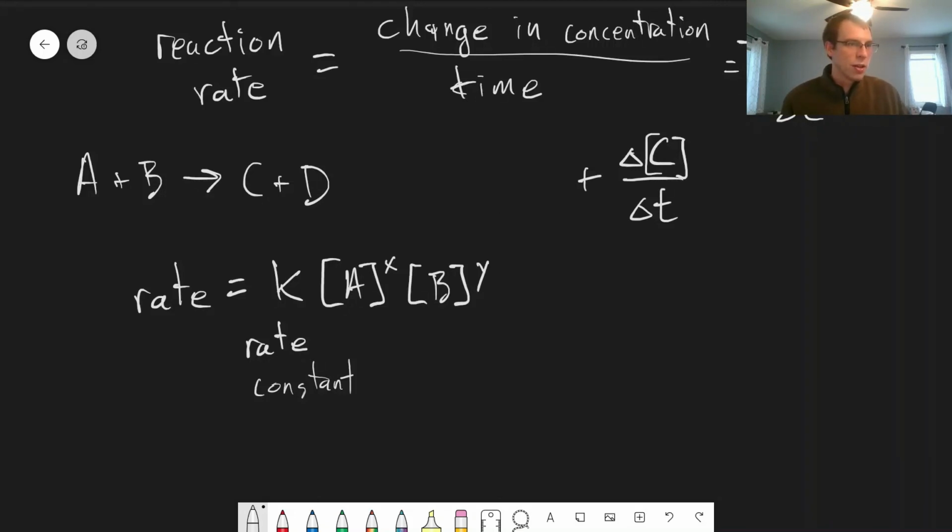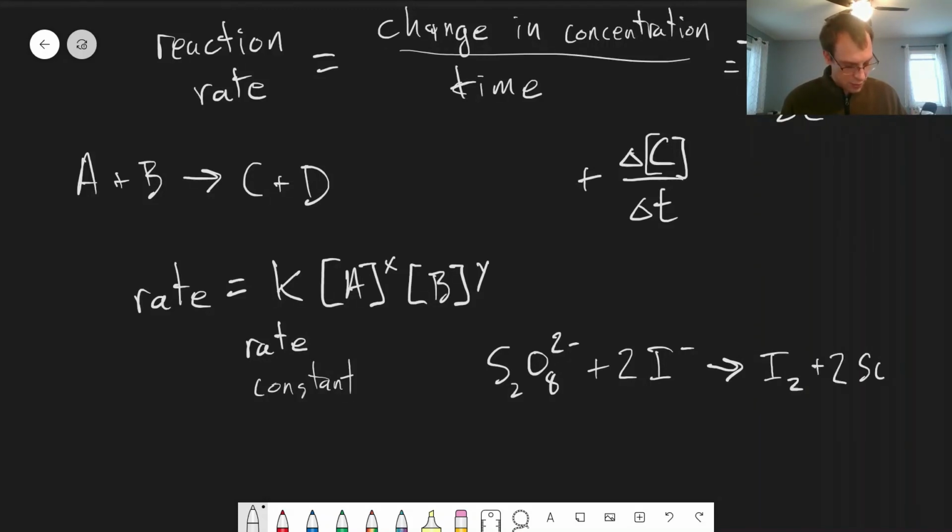The reaction that we are going to be considering in this lab is S2O8 2-, persulfate, reacting with iodide ions. All this is in aqueous solution, going to I2 plus 2 sulfate ions. Right, so this is the reaction we're interested in measuring.